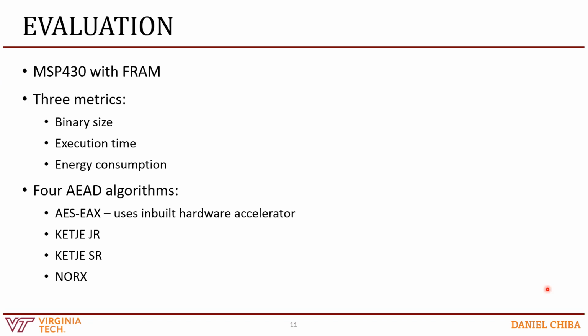And they do this for four AEAD algorithms that are listed here. One of which is based on AES, for which MSP 430 has an inbuilt hardware accelerator. And you'll see, as you would expect, that affects the results quite a bit.